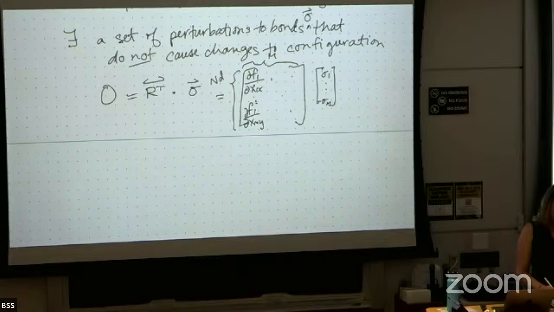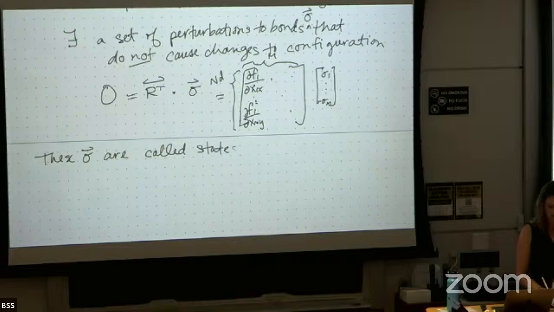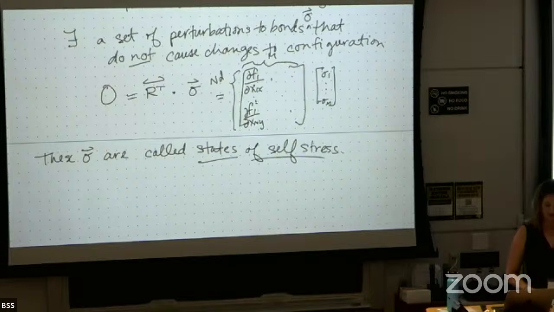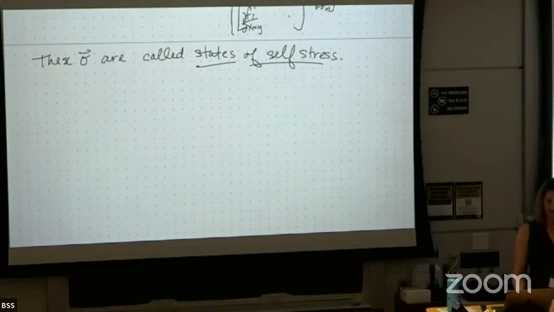So if these sigma exist, these sigma are called states of self-stress. This will come up a whole bunch later. So there are sets of tensions on the bonds that don't move any of the vertices.